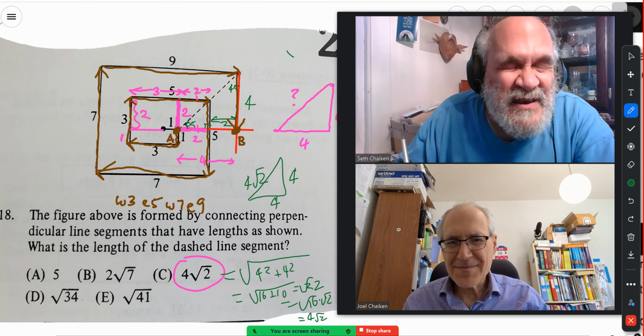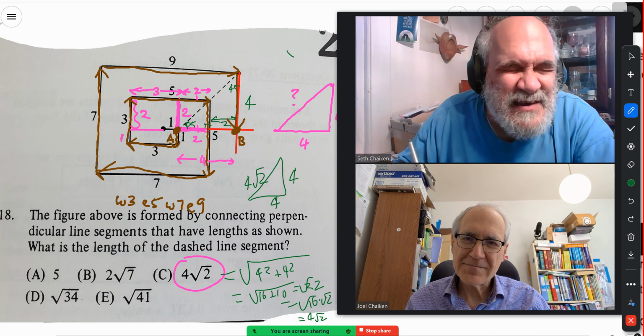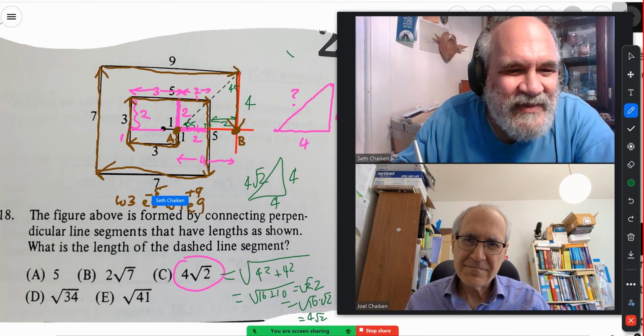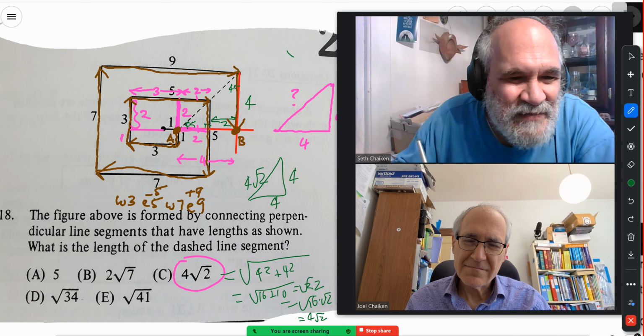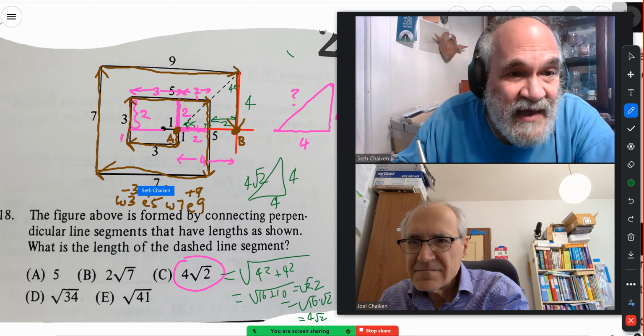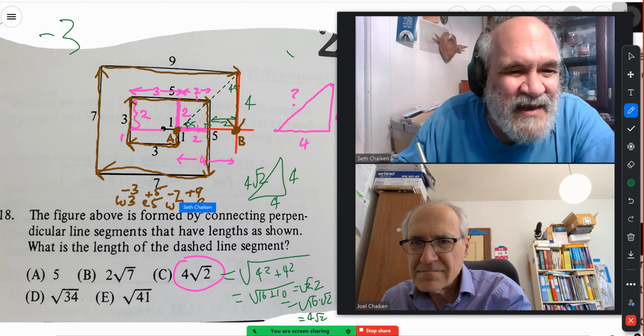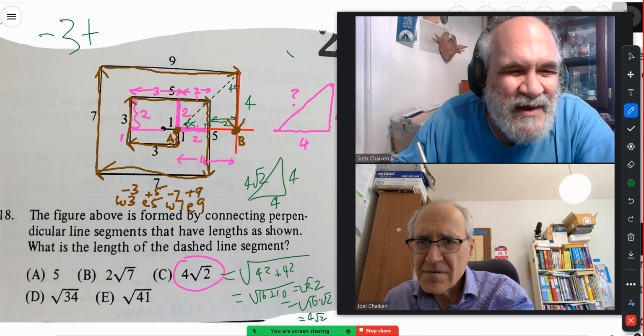Ignore it. So how far east did I go? I add up the easts, 5 plus 9, and subtract the wests, the distances I go west, minus 3 and minus 7. And you add this up.